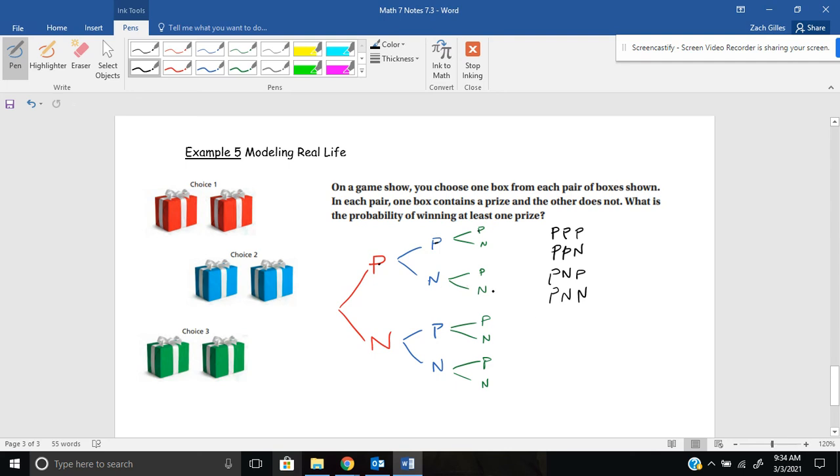So there is my first half, where I got a prize in my first box. Well, maybe I don't get a prize in my first box. I get a prize in my second box and a prize in my third. Or I could do NPN or NNP or NNN, not a prize in all of them. I could get really unlucky.